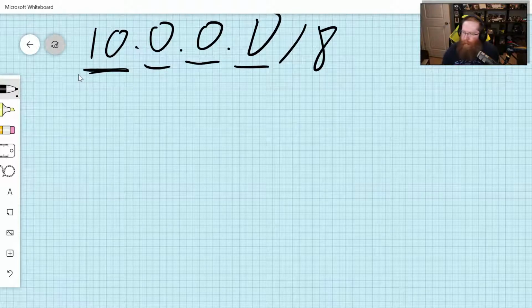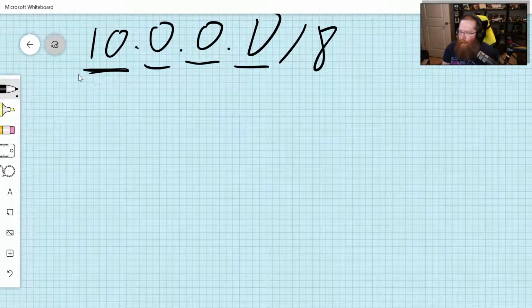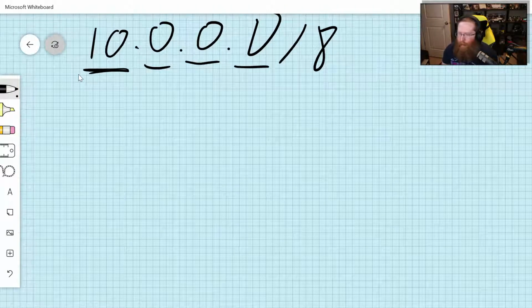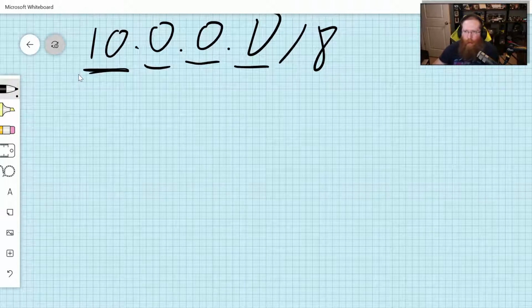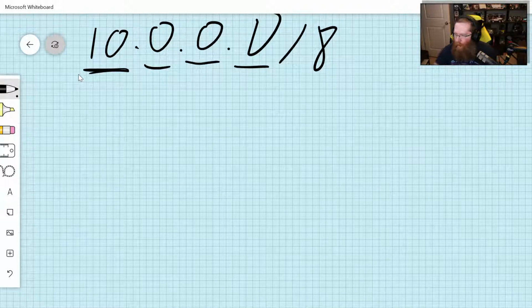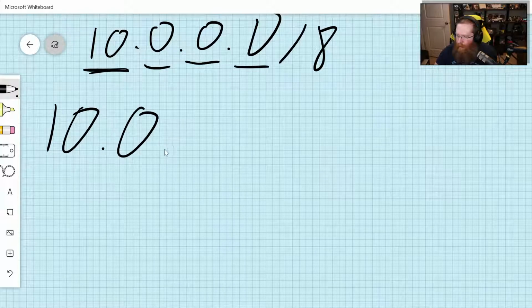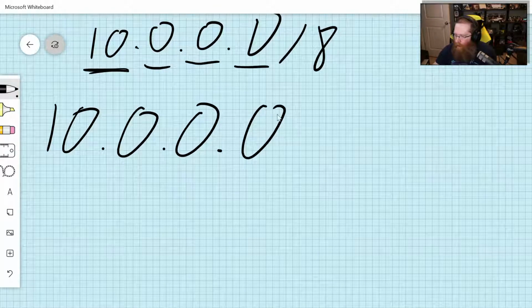All right. So if I have 10.0.0.0 and I want to make that a smaller network, this is what we call subnetting. Because we already have a network, now we're going to take that network and make it smaller. So the first network I'm going to build out of this is a /24 network. And a /24 network is probably the easiest for us to create.